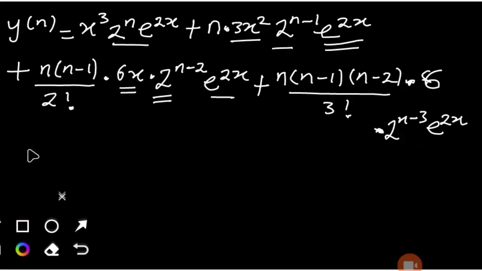So I can take it out as a common factor. So here we have the derivative y to the degree n is going to be equal to 2 raised to the power n, and the exponent of 2x is a common factor also.